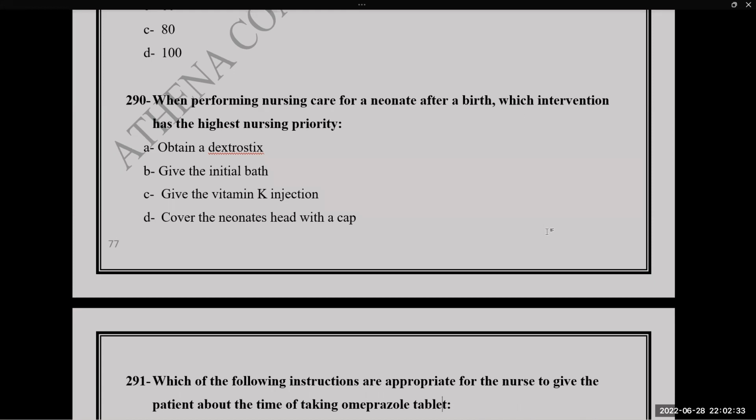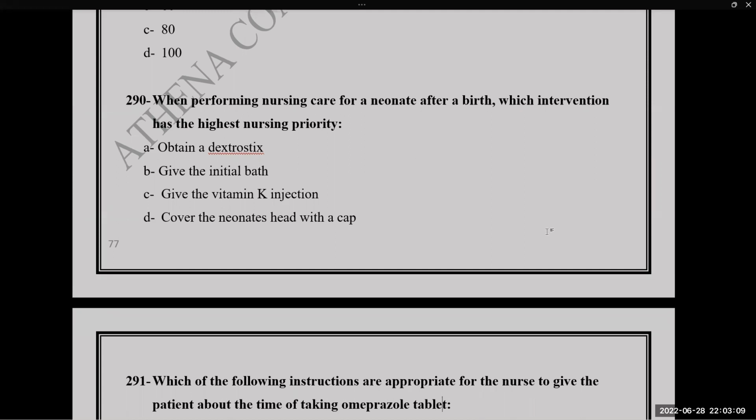So why we need to administer vitamin K for newborn? Flora bacteria. Yes. Vitamin K is a fat soluble vitamin, but our body itself will produce a certain amount of vitamin K. And vitamin K is produced by large intestinal flora bacteria.